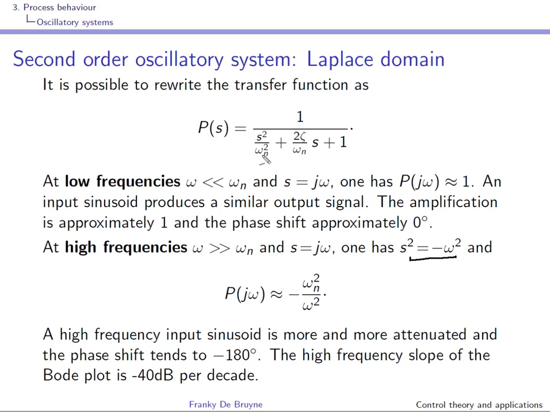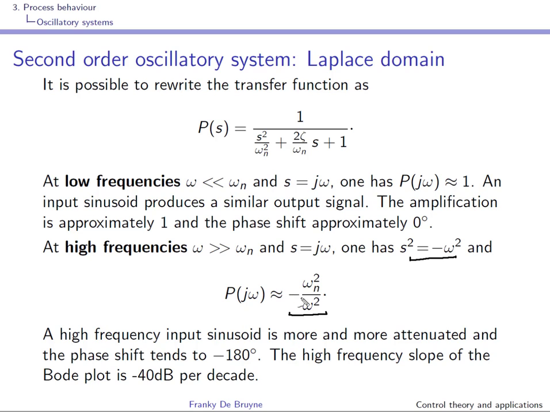So if this term here in the denominator is dominating, we can see that the transfer function evaluated on the j omega axis will be approximately minus the natural frequency squared divided by omega square. So there will be a decrease here in 1 over omega square, right?